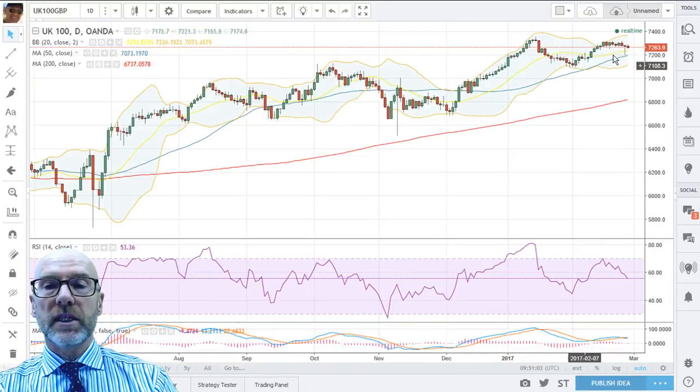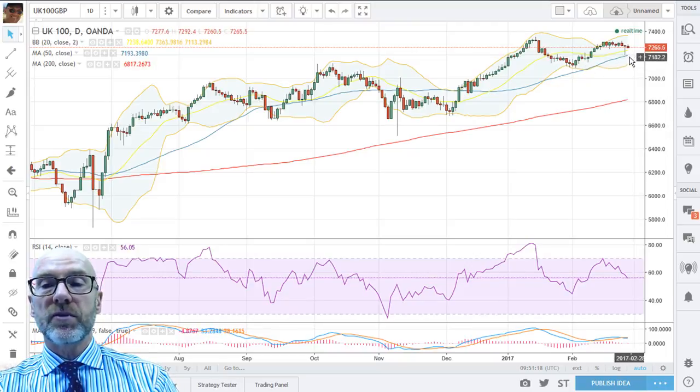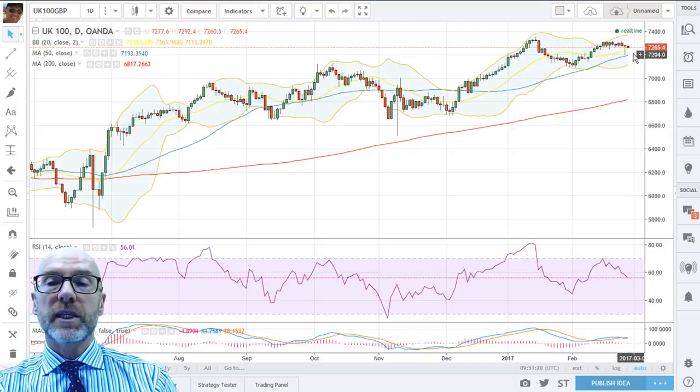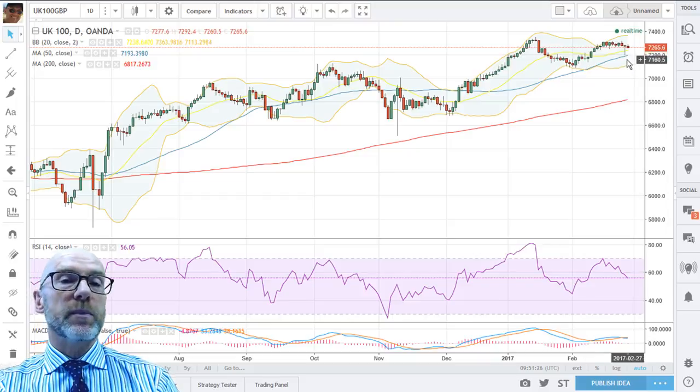The supports are coming in at that level where we had the good move up from. Also, that's below the moving averages. The moving averages will give support as well, so you would expect this support to hold, but you would expect it to be tested.